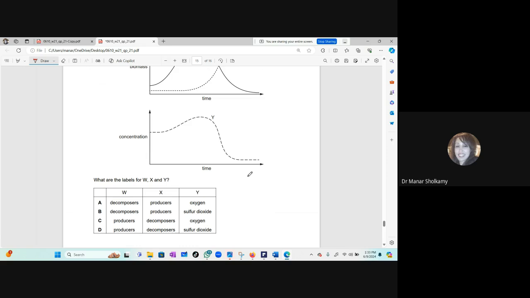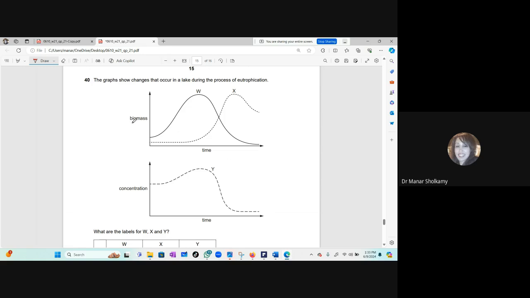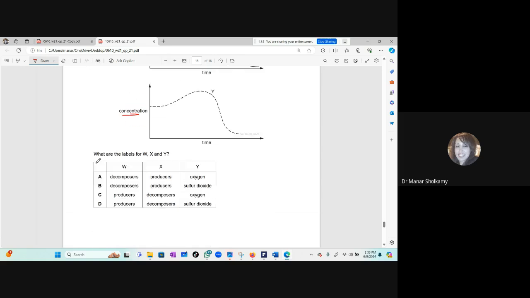Okay. Now, biomass here and concentration here. Let's see what options they have. They have either decomposers or producers or a gas. Now here we have the terms biomass and concentration.